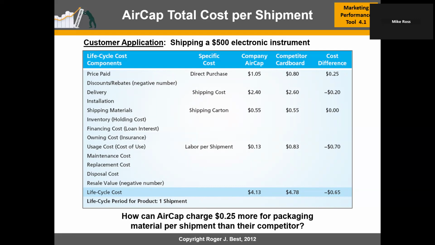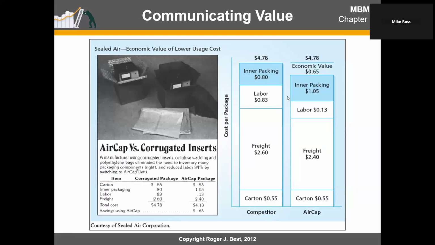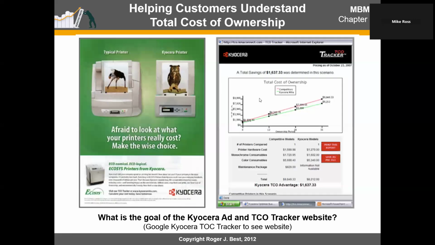And then looking at those various costs within the total context of the competitive landscape. There are a couple other examples here. I'll let you view those at your convenience.